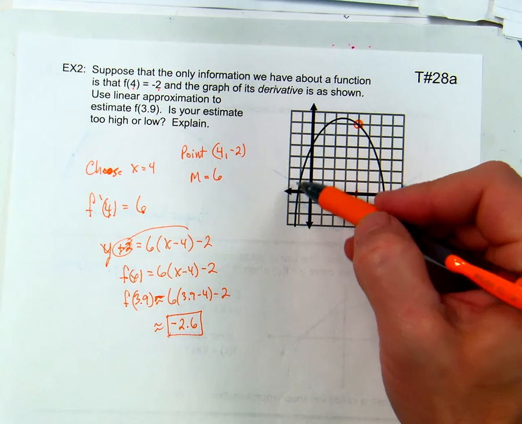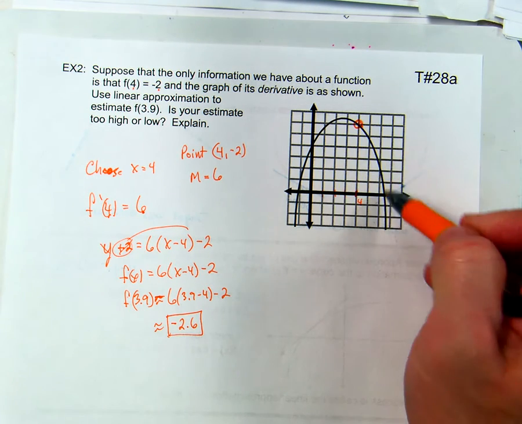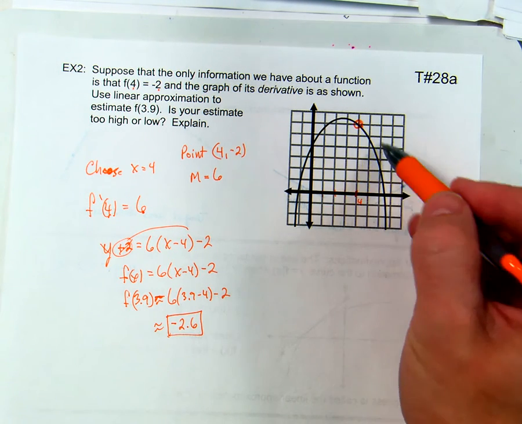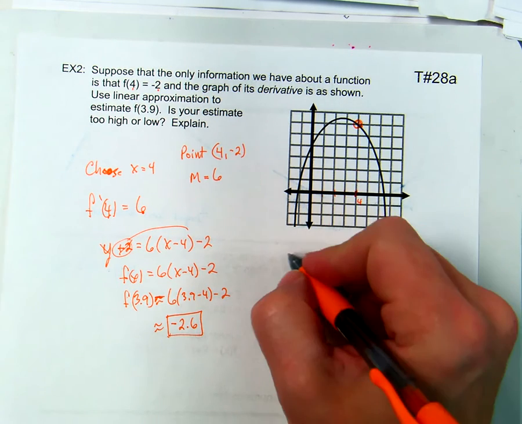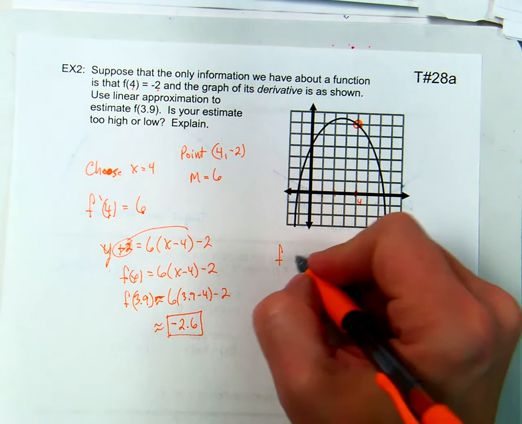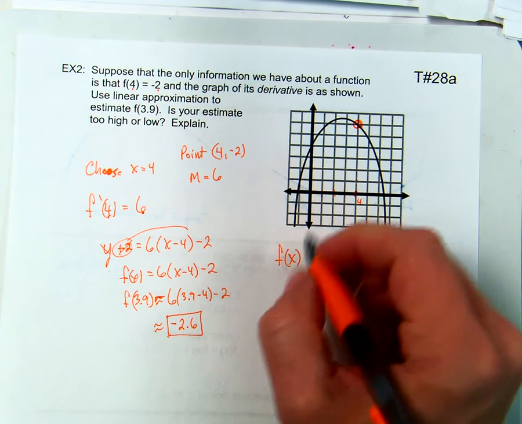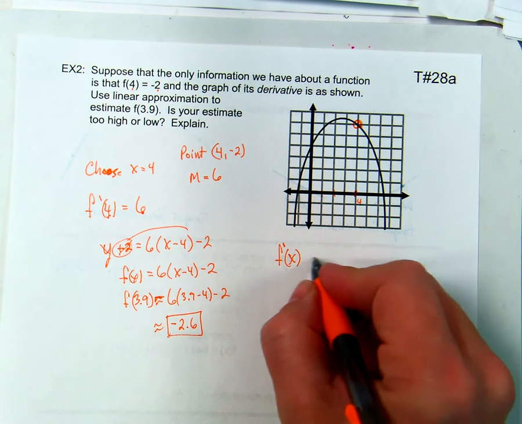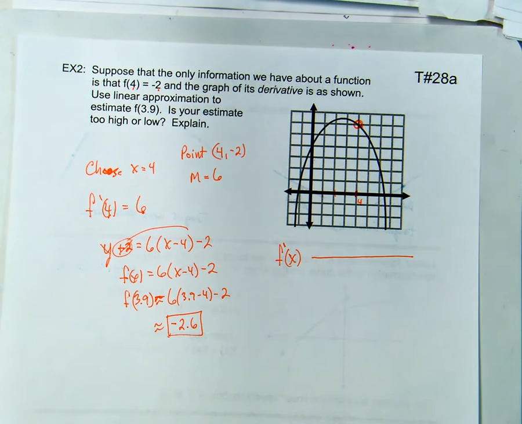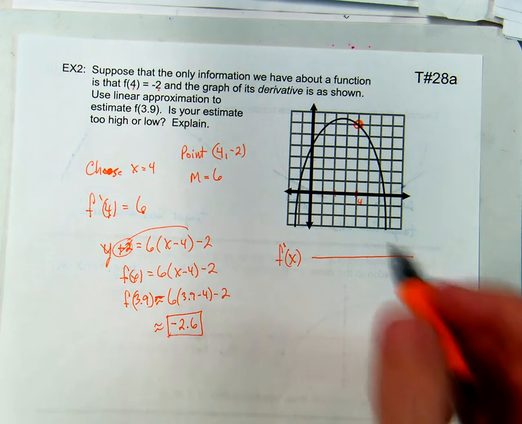If this is the derivative function, what do we know about the derivative first? Let's do a sign analysis here, so we can find out if we've got a curve going concave down or concave up.